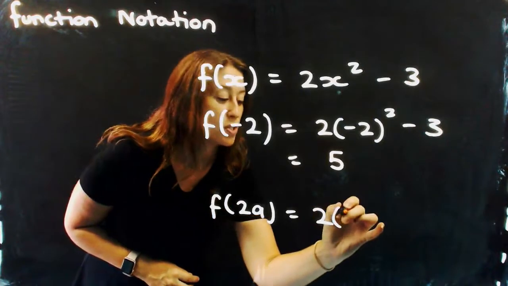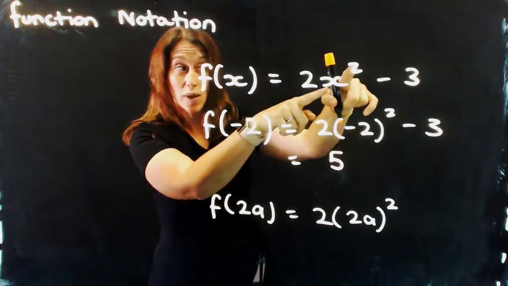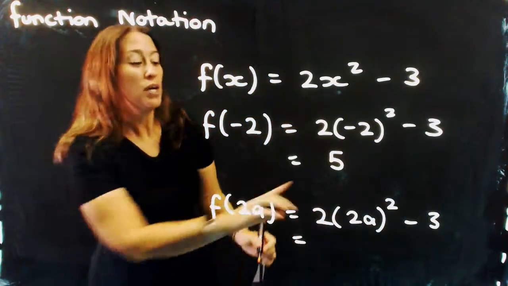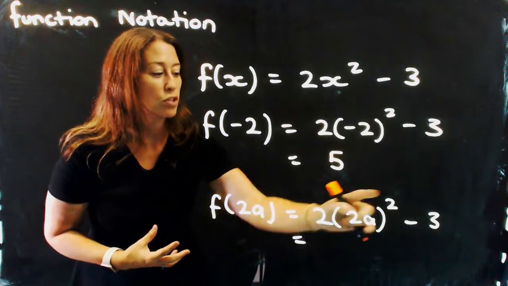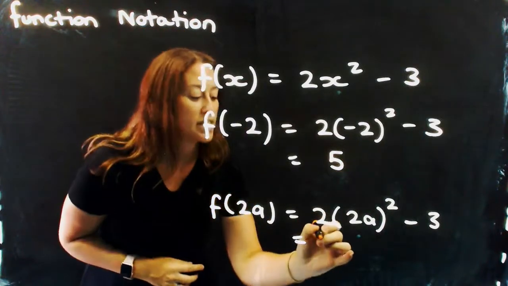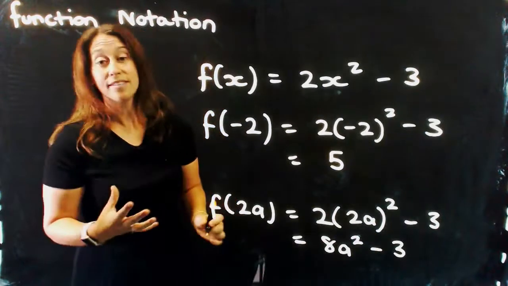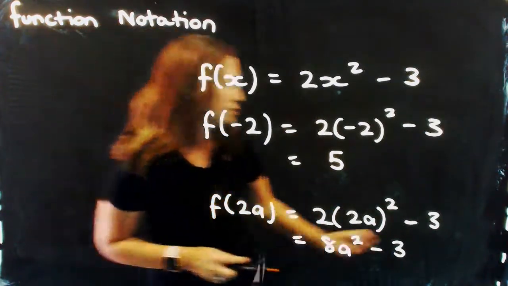So 2 times 2a squared minus 3, and then we just work that out. As with index laws, we need to square each part of the bracket. So 2 squared is 4 and a squared is a squared. 4 times the 2 is 8, so I've got 8a squared minus 3. We can say that f of 2a is 8a squared minus 3.